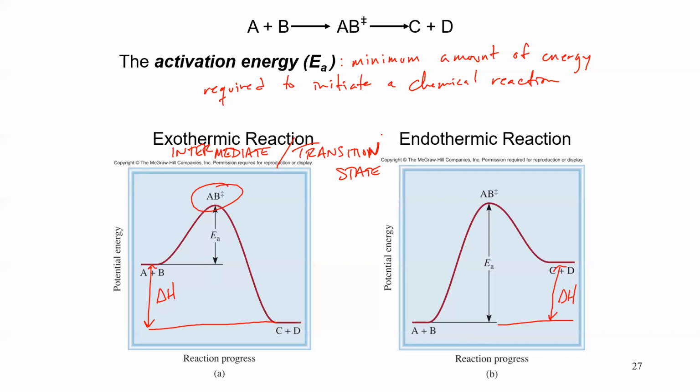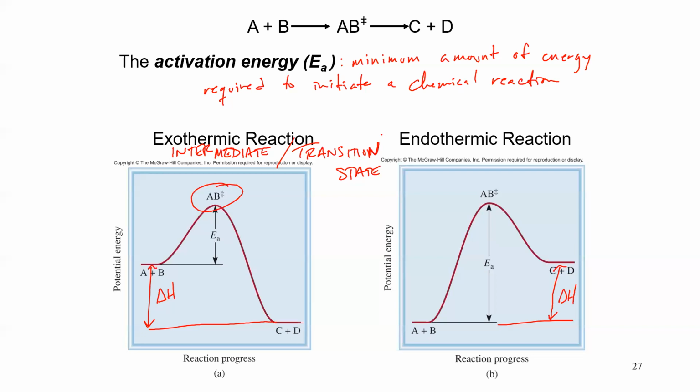All right. And so this activation energy, of course, is going to be easier to overcome if we're at a higher temperature, because higher temperatures mean more energy. And so there's some energy dependence on that rate constant. If you had to take a guess, endothermic or exothermic, which of these two has a faster rate constant? Endothermic or exothermic? Exothermic.